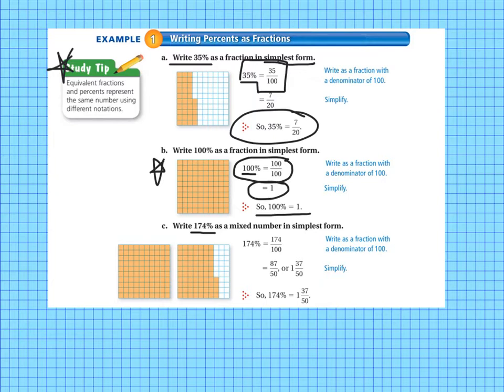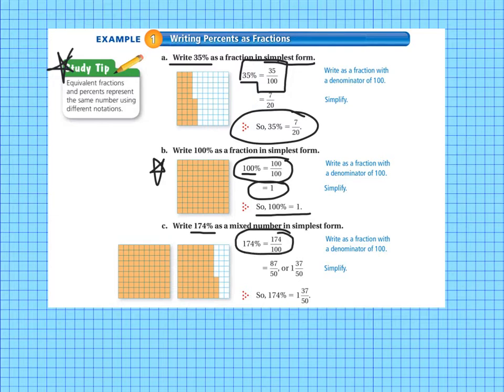A couple of ways you can do this. We're going to do it exactly the way we're shown here in Big Ideas Math. We have 2 squares with 100 squares in each of them, and one of them is completely shaded in, so that's 100, and then one of them has 74 squares shaded in. So that's 174 100ths.